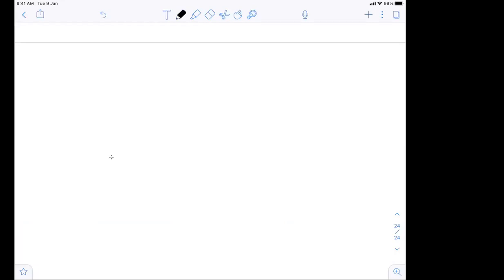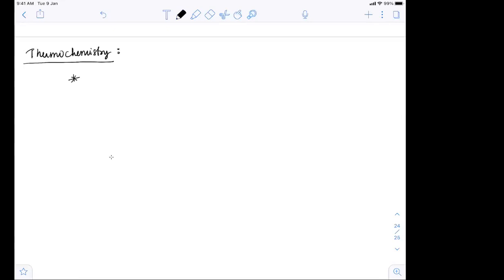Now let me introduce the thermochemistry part. Right. Here the basic idea is that heat exchange between system and surroundings is happening, where heat is exchanged because the system is a chemical reaction.